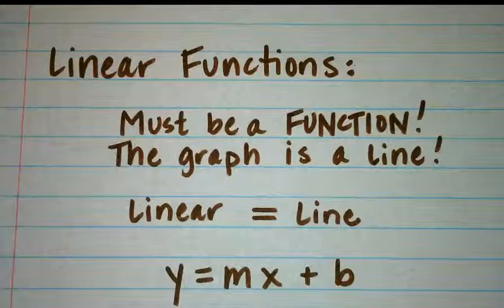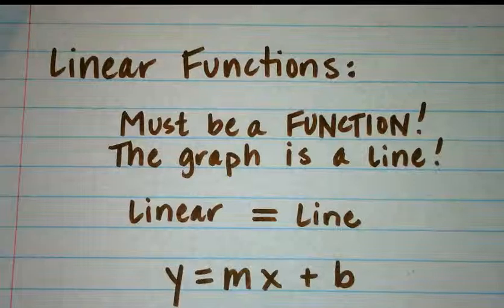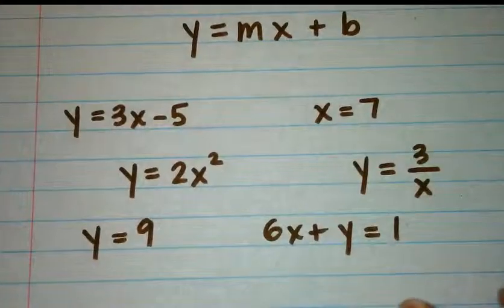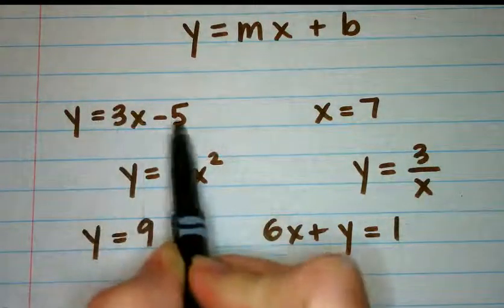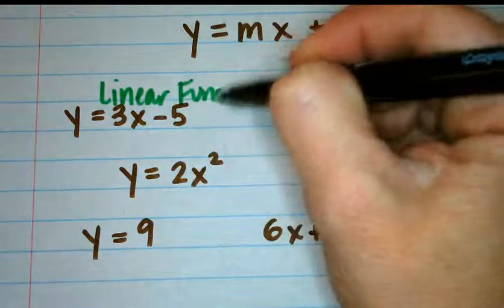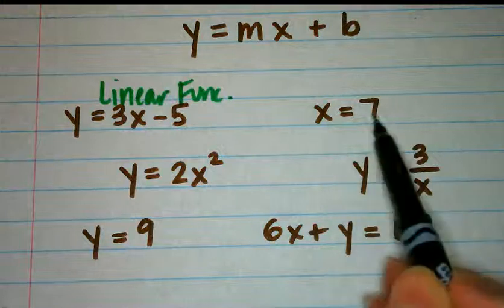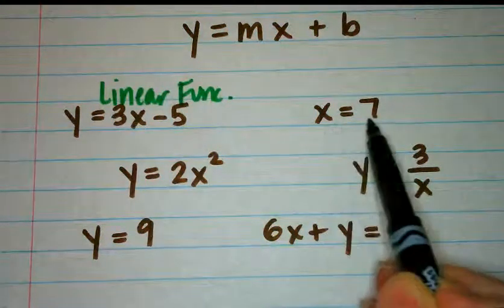So if you were asked to look at an equation and decide if it's a linear function or not, you have to be able to write it as y equals mx plus b. So I have some examples right here. This first one, you can see the y equals mx plus b. So this is a linear function. When you look at this one, I can't write it as y equals mx plus b. There's no y.